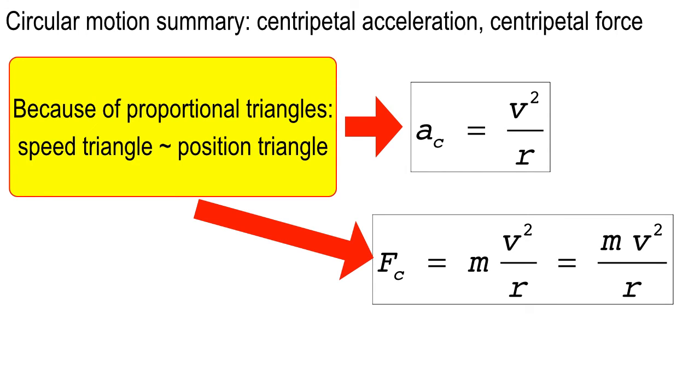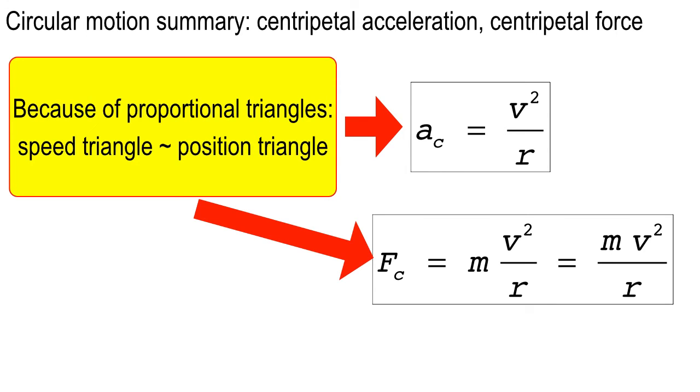So it's going to have a mass. And so the centripetal force in newtons would be calculated this way: m times v squared over r. So those are the two formulas for centripetal acceleration and centripetal force.